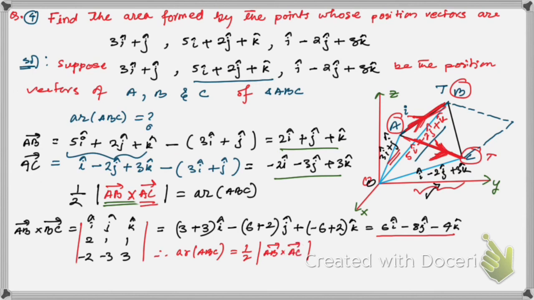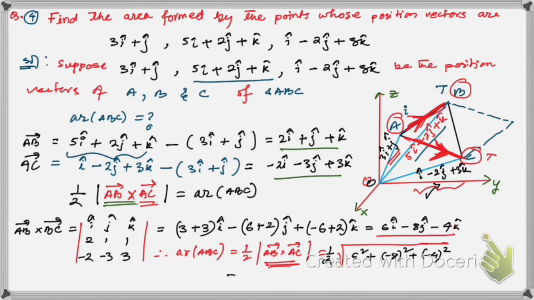The magnitude of AB cross AC is given by half of the root over 6 squared plus minus 8 whole squared, plus minus 4 whole squared. So the square of this one, of this one, and of this one.